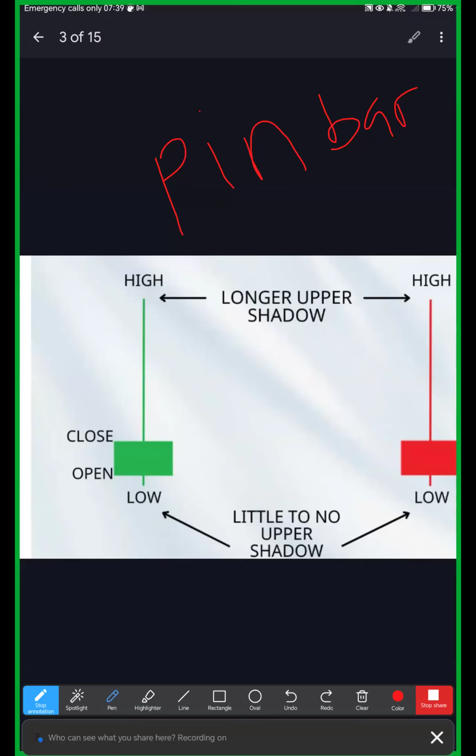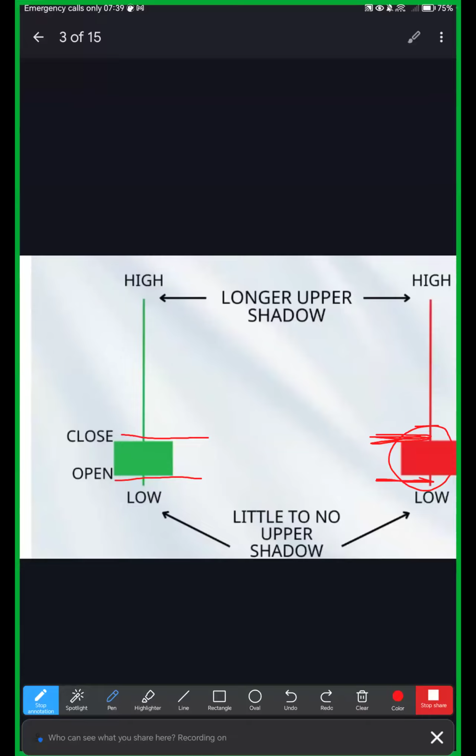Remember, sellers open from the top and close below. Here, this red candle: sellers open the price from the top and close it below. So when it comes to a shooting star formation, the open low and the close are roughly at the same price.